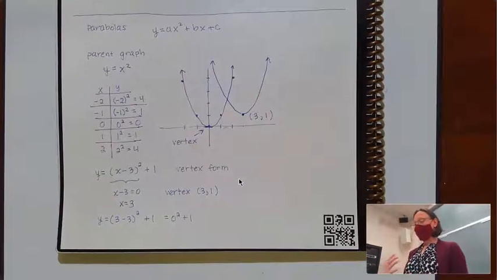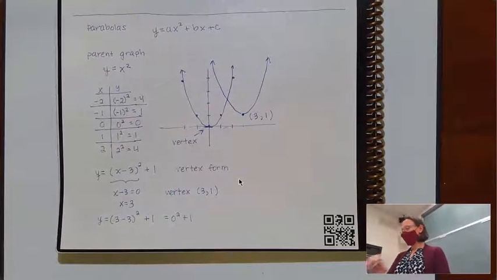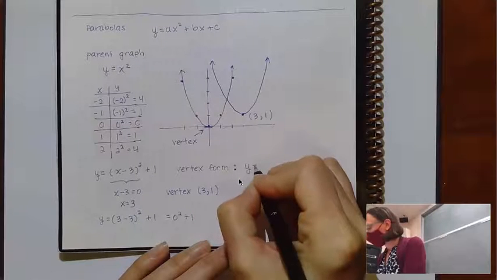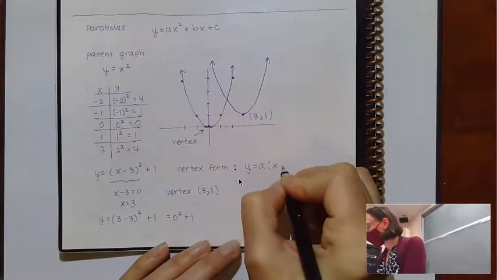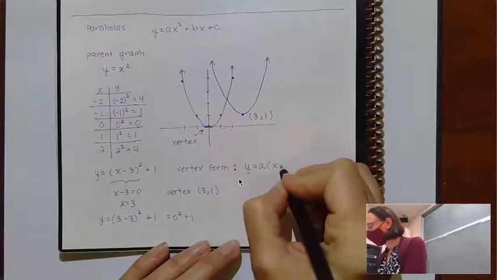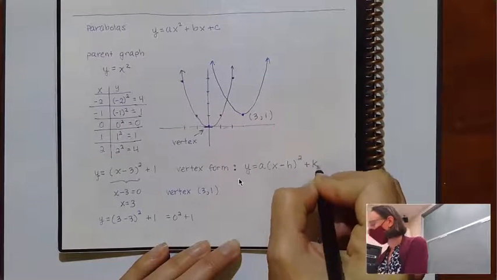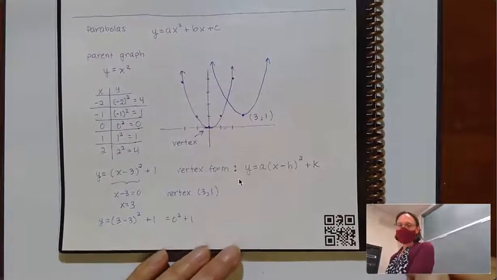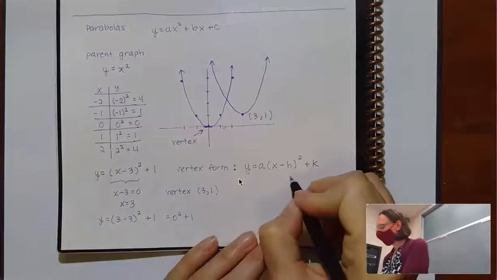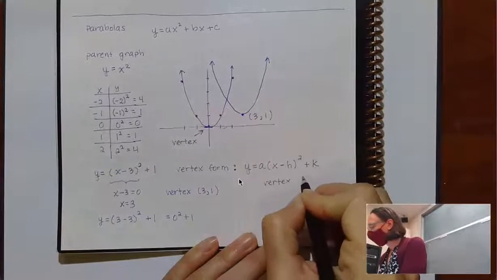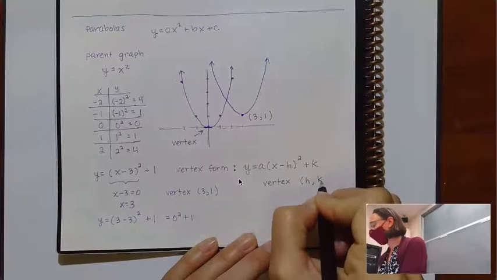Our general equation for the vertex form is anything that looks like y equals a times, trying to use the same letters the book does, (x minus h) squared plus k. And in that vertex form, the vertex is at the point (h, k).